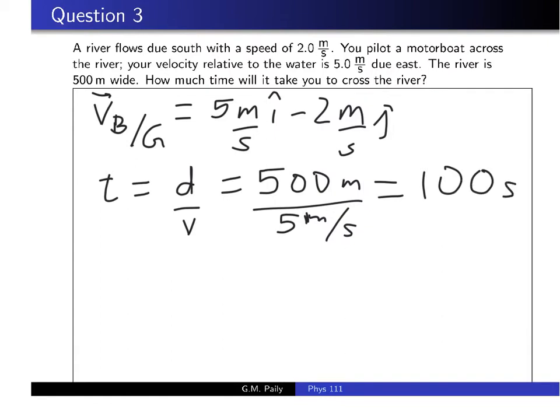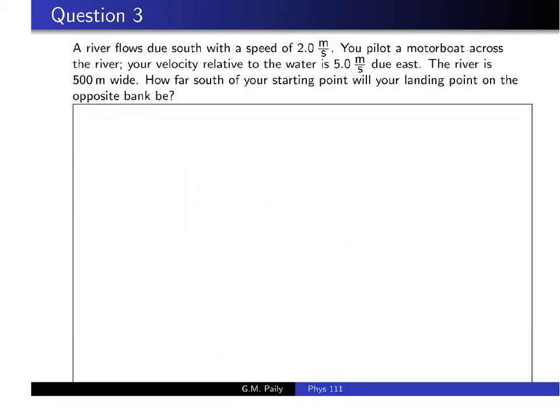Now we move on to the next part of the question. Here we are asked, how far south of your starting point will your landing point on the opposite bank be? We are moving south because we are moving with the river. Once again, to find the distance moved, we use d equals vt since there is no acceleration.